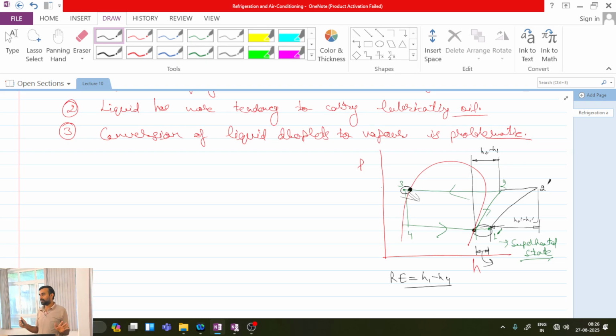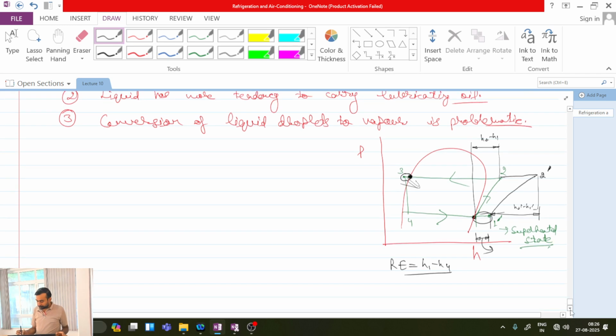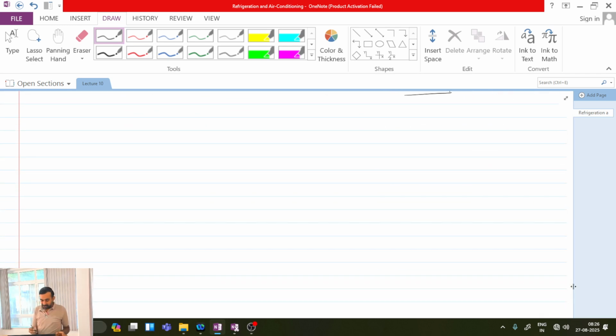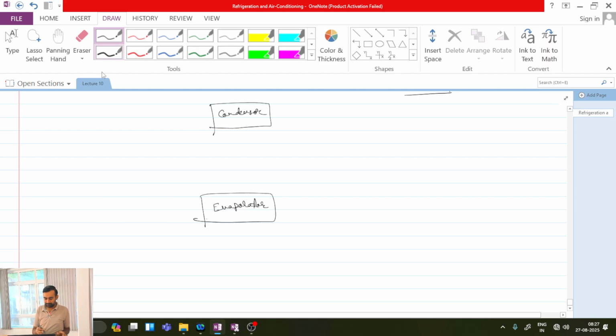Are you agreeing to this point? So what I'll do now, I'll use a system where this is my condenser, this is my evaporator, and say this is the expansion device.